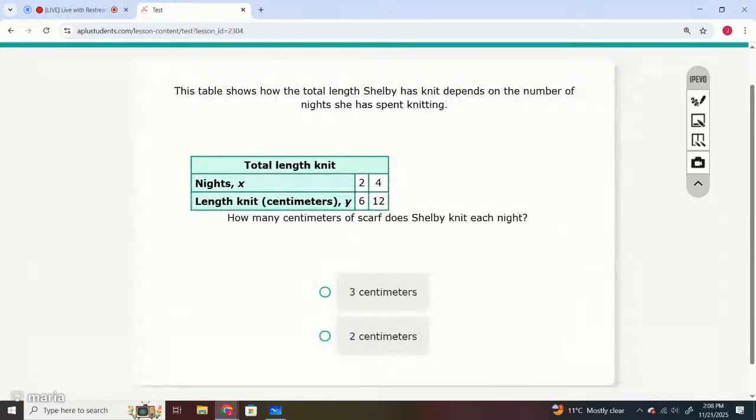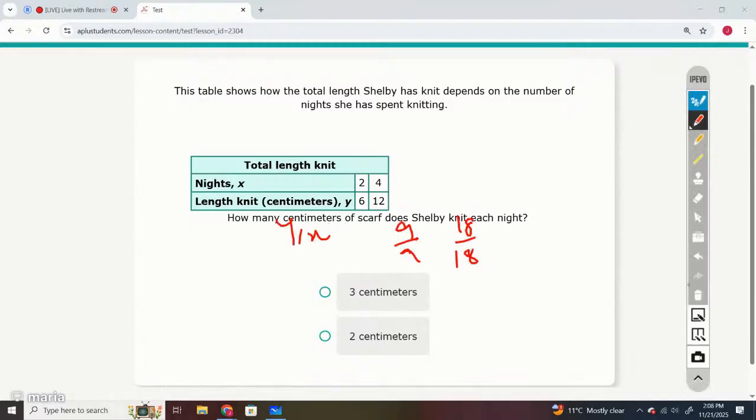This table shows how the total length Shelby has knit depends on the number of nights she spent knitting. How many centimeters of scarf does Shelby knit each night? So you need to calculate y by x, that is 6 by 2 and 12 by 4.